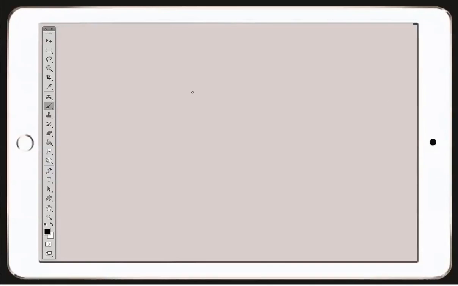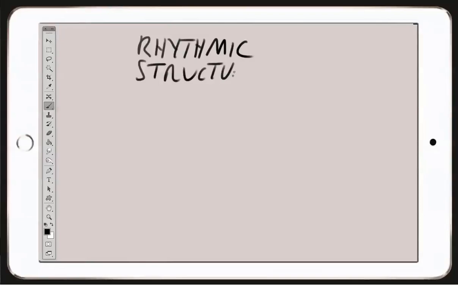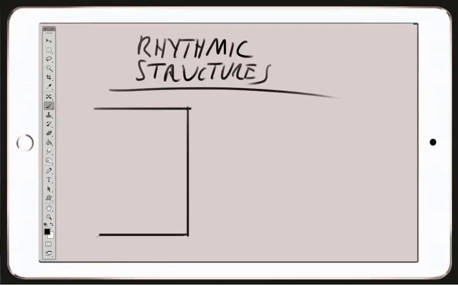And now it's time to get around to talking about what I mentioned earlier about rhythmic structures. So your underlying structure is a rhythmic structure. So let me just quickly indicate a rhythmic structure here.